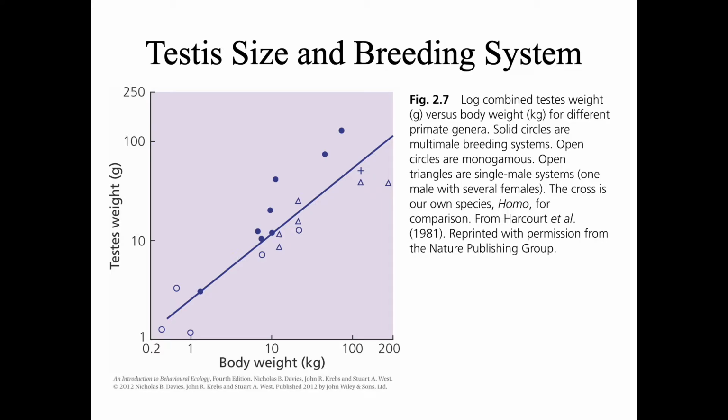So breeding systems are things like monogamy, polygamy, et cetera. So you can be monogamous, which means that you either mate with one partner, either for a single breeding season, or in some cases, individuals will form what we call lifetime pair bonds, where you're stuck with that mate for the rest of your life.